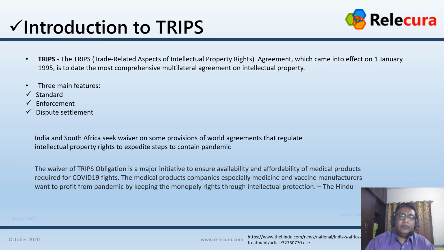They filed this application on 2nd of October, and the decision from WTO will come on 15th or 16th October. So these are the treaties and the introduction to intellectual property rights.